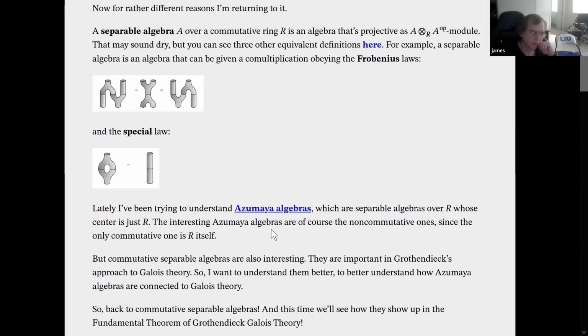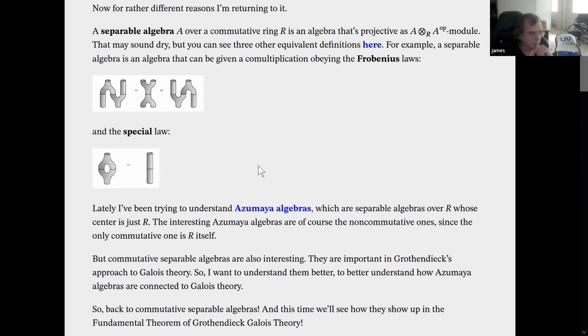But the part where it gets really cool is that the second cohomology of the Galois group, which is describing the Azumaya algebras, if you unravel what the cohomology is doing, it's actually describing gerbes, if you think of the Galois group as a fundamental group of some space.